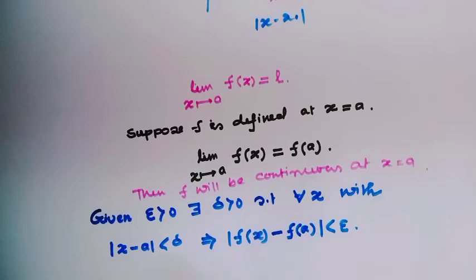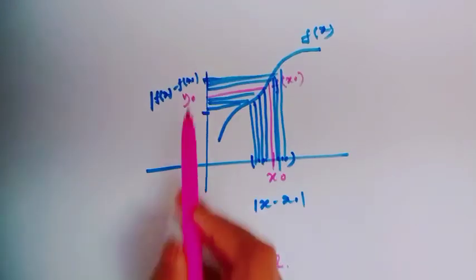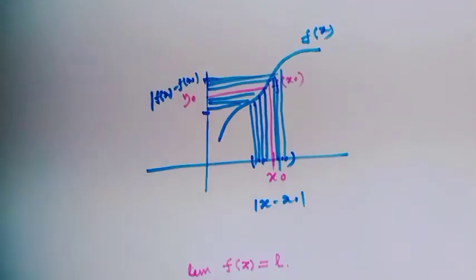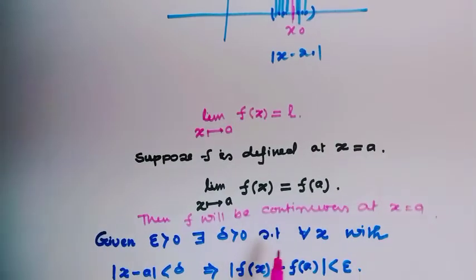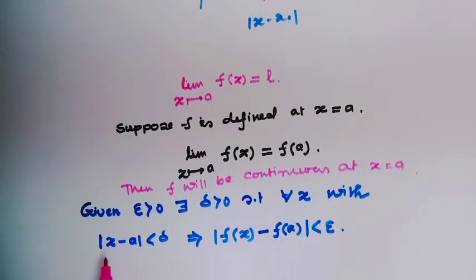And what is the epsilon delta definition? Given any epsilon greater than 0, there exists delta greater than 0, such that for all x with distance between x and a less than delta, it implies the distance between fx and fa is less than epsilon.